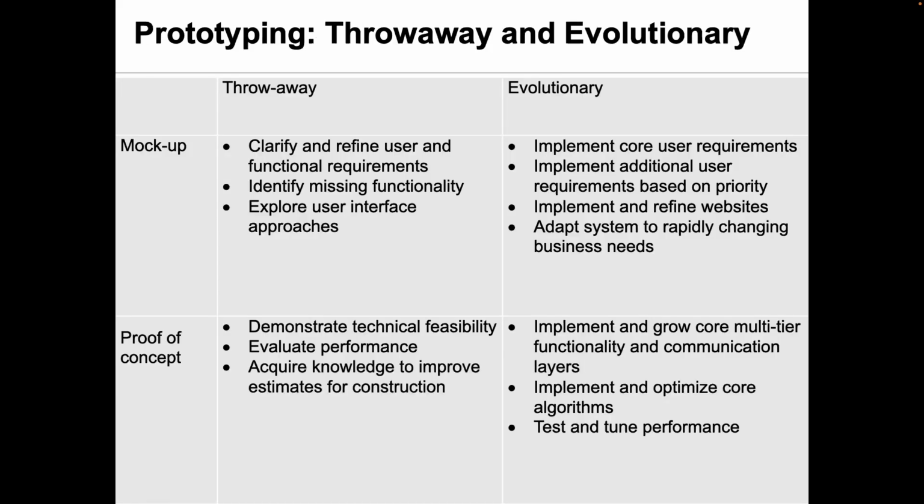Okay, all right. Here we are with a matrix. Now basically here you're seeing the different combinations of prototypes. You have mock-ups and proof of concept on one side, and throwaway and evolutionary on the other. Mock-up and proof of concept is based on whether you are implementing a use case or not, while throwaway and evolutionary is based on whether you are going to retain the prototype or throw it away.